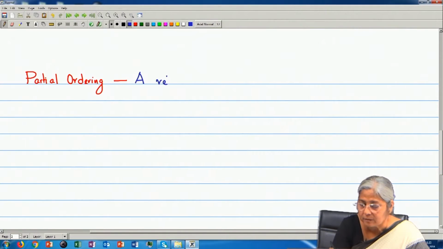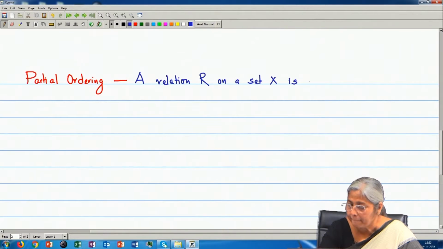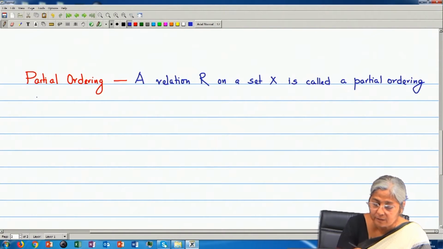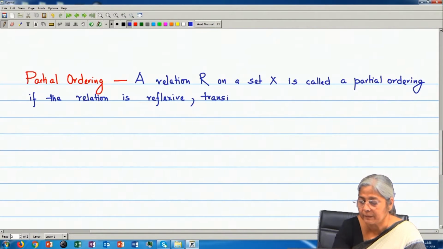A relation R on a set X is called a partial ordering if the relation is reflexive, transitive and antisymmetric.